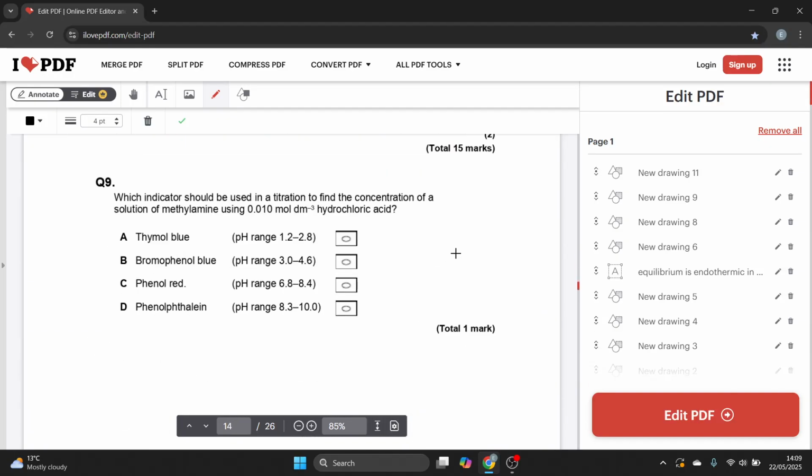Which indicator should be used in a titration of a concentrated solution of methylamine using this much HCl? Methylamine. Let's draw that out. Methyl group. I've got NH2.